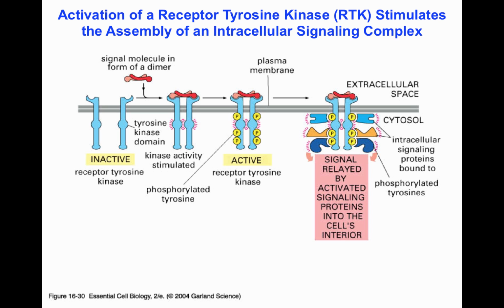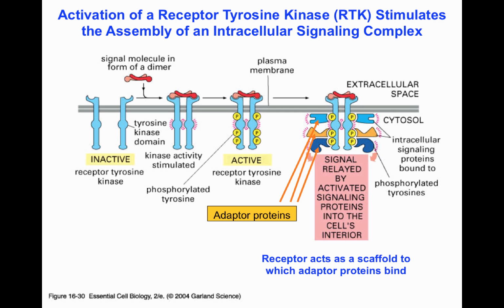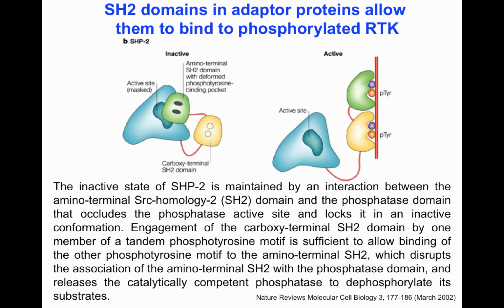We're going to look in a moment at how that recruitment happens, but what I want to point out is that the activated receptor that has been phosphorylated is able to recruit these proteins down to initiate a signal transduction cascade. Those adaptor proteins, shown here by the arrows, are the ones that use the receptor tyrosine kinase as a scaffold to assemble a signaling component and therefore initiate a signal cascade.